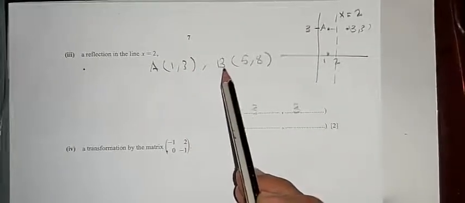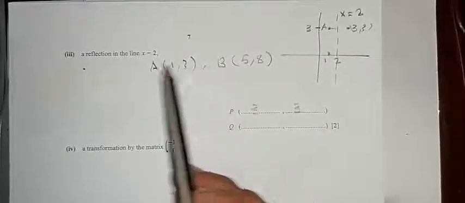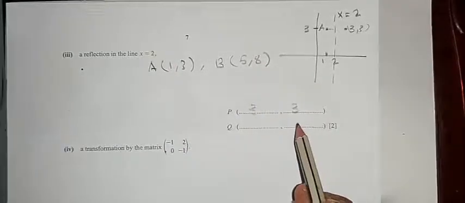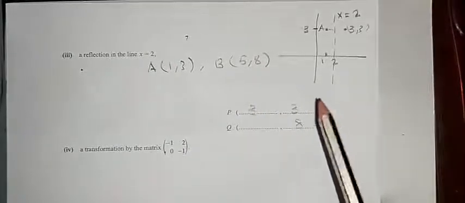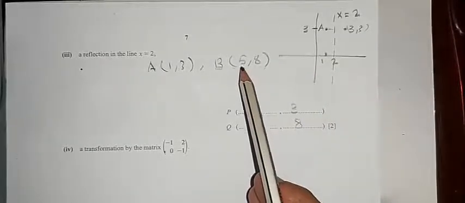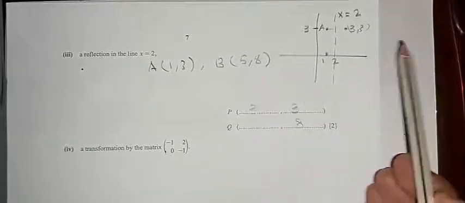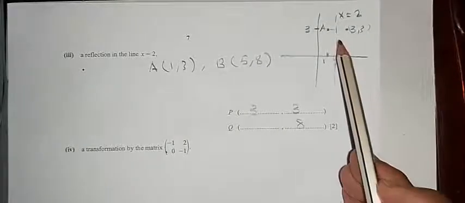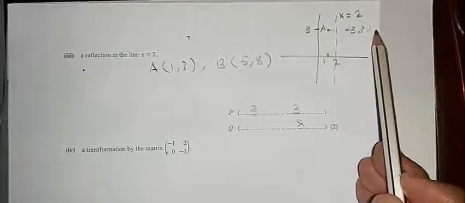So in the point B, after reflection in the line x equals 2, we will keep this 8 here, and this 5 is to the right of the line of reflection by how many units? By 3 units to the right.